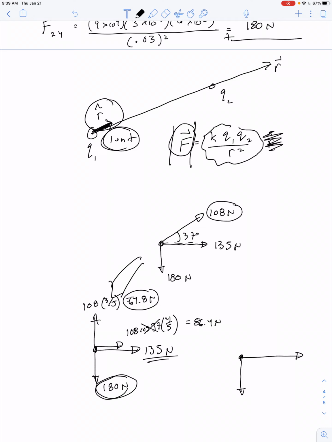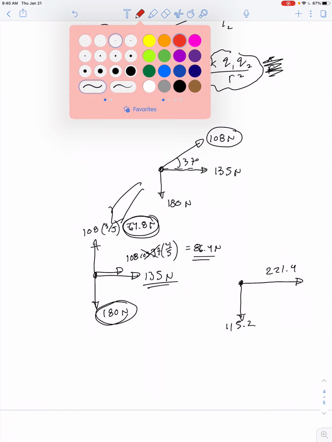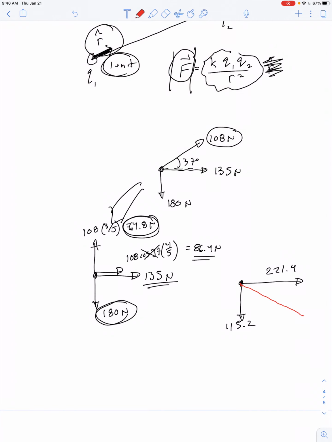If I add 135 with 86.4, we get 221.4. If I subtract 64.8 from 180, we get 115.2. So the net force we can find using the parallelogram method of vector addition, and really then that comes down to applying the Pythagorean theorem.